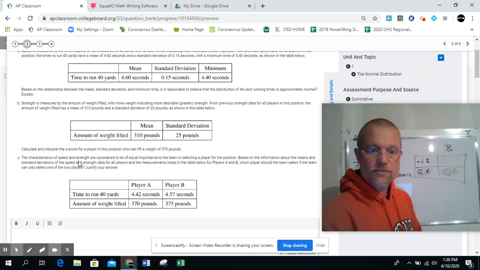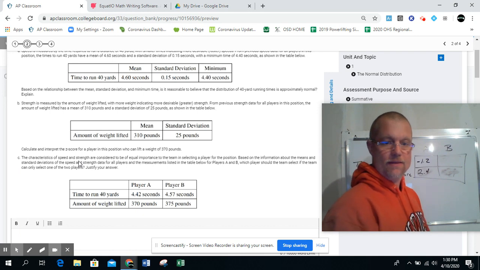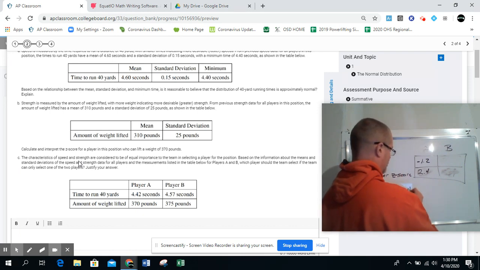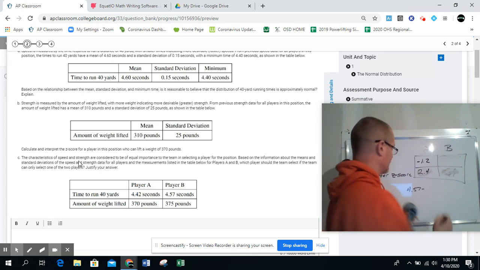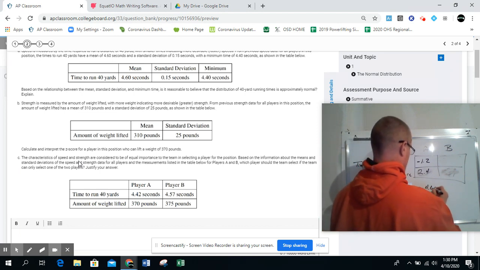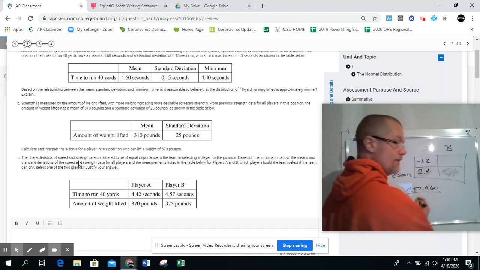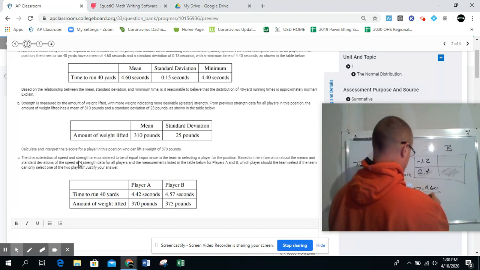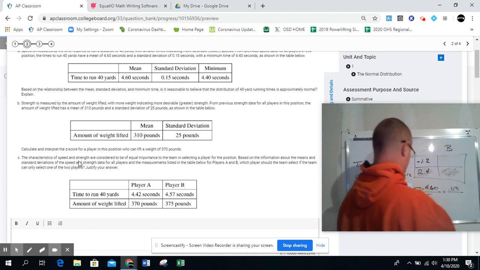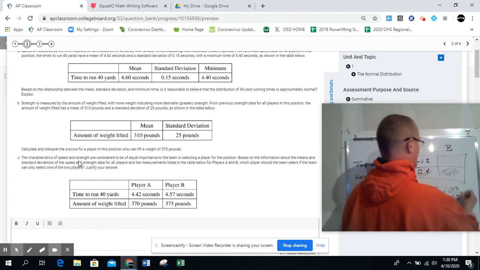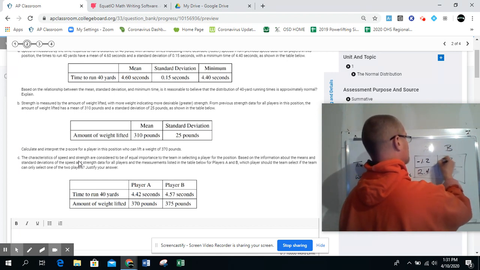So he had a time of 4.57. 4.57 minus 4.60 divided by 0.15. So this is equal to 0.03 divided by 0.15. So that's negative 0.2.